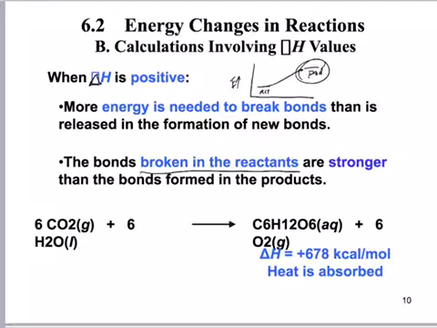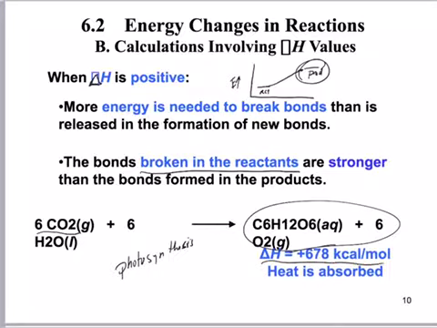Okay? So, if I take 6 carbon dioxide molecules and 6 waters, I make sugar and oxygen. This is photosynthesis. Okay? Well, we know photosynthesis requires energy. Energy has to go in because plants need sunlight. The sun provides the energy for plants to turn carbon dioxide and water into sugar and oxygen.